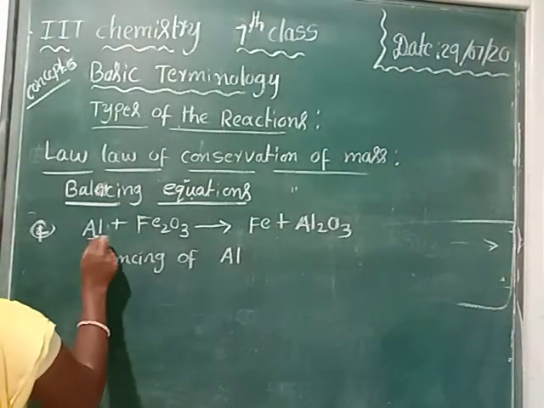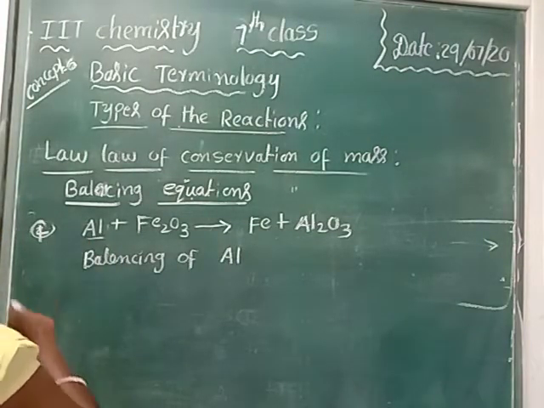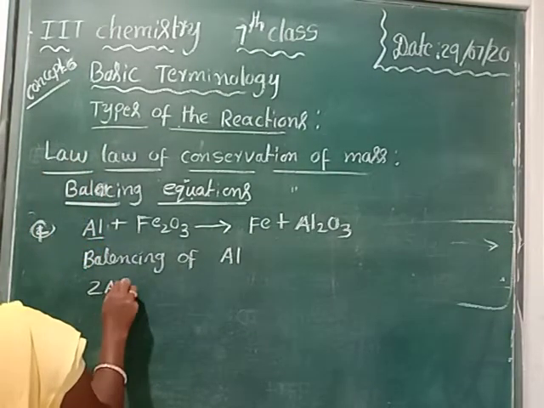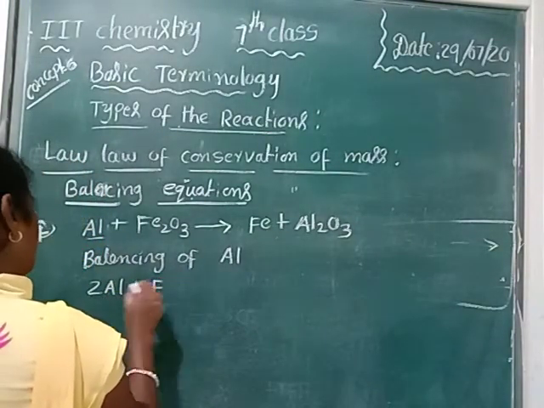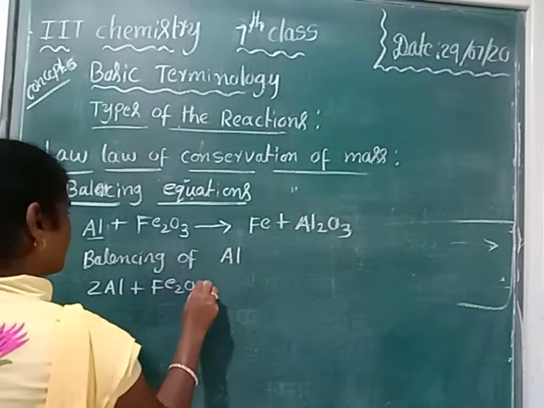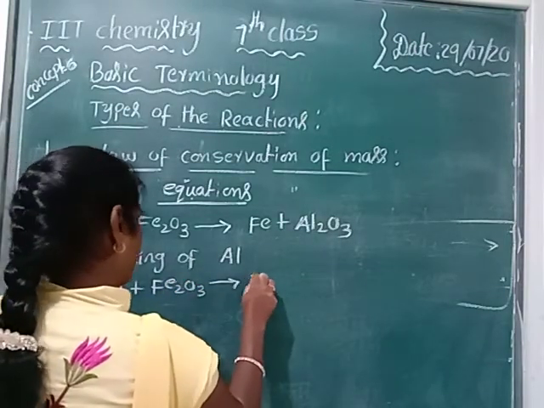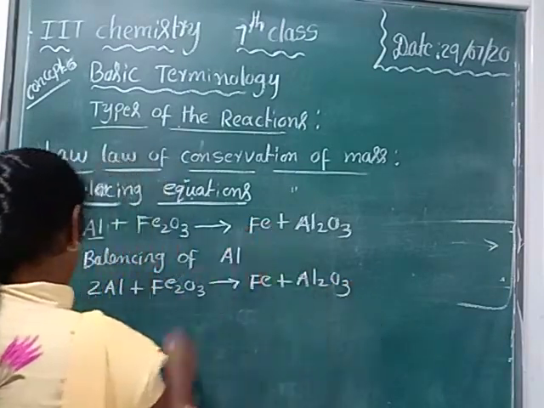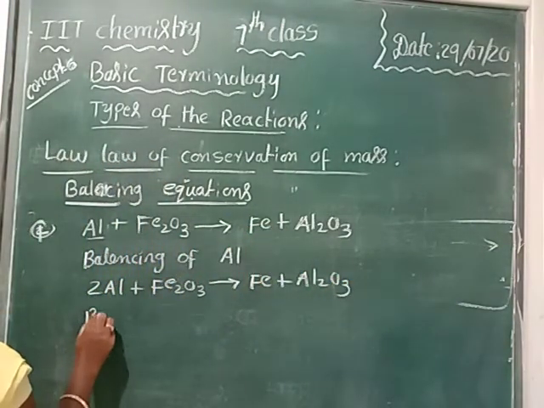How do we balance here? How many aluminum atoms are there here? 1. On the right side there are 2. So here keep 2. Then you write the reaction: 2Al plus Fe2O3 gives Fe plus Al2O3. After that, balancing of iron.